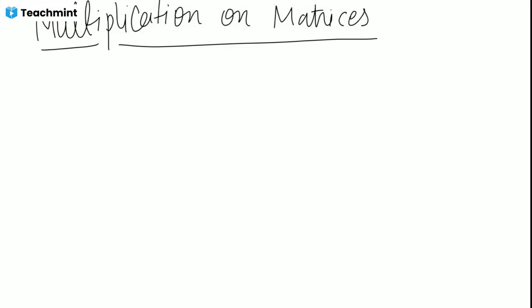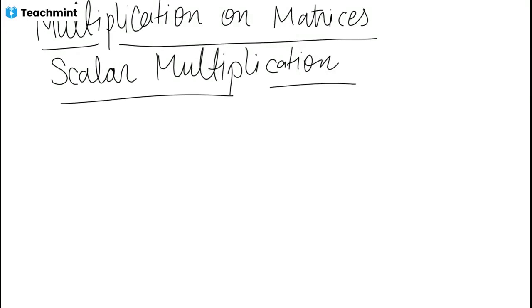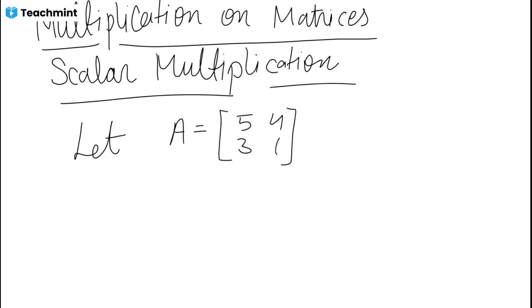First is scalar multiplication. Scalar multiplication means, for example, let we have matrix A having elements 5, 4, 3, 1, and we need to find 5A. 5A means we multiply 5 with this matrix.